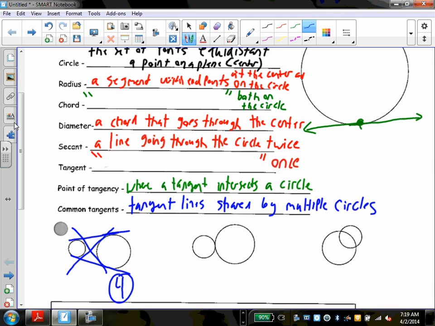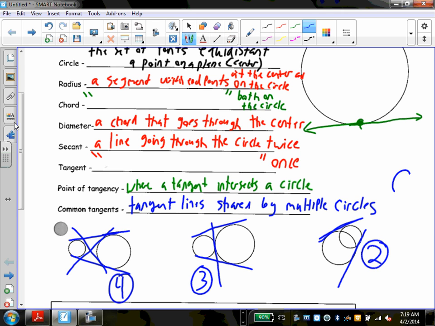This one here, we have the one going across the top, we have the one going across the bottom, and we have this one that kind of cuts in between them. So this one has three common tangents. This one over here has two, just the one going across the top and the one going across the bottom. I didn't draw those very well, but you could end up drawing two.